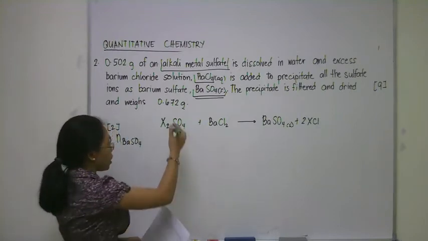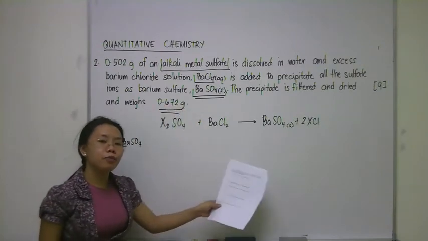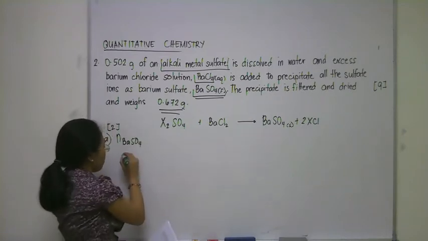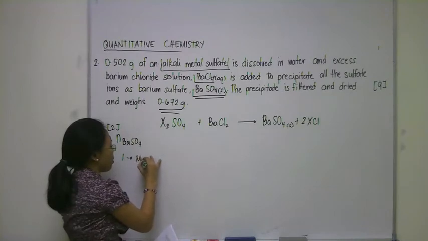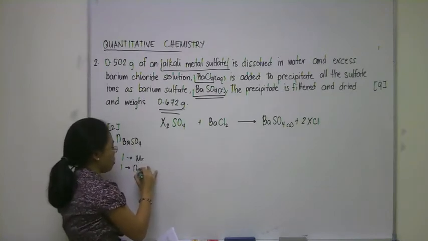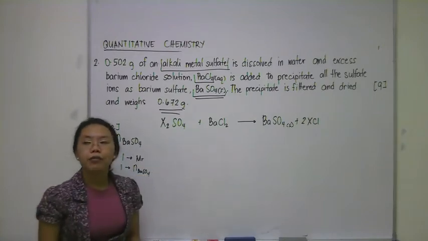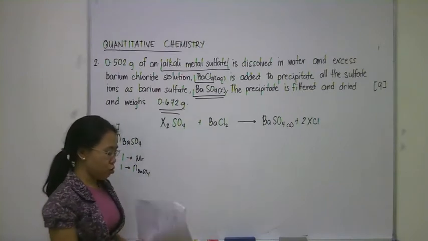Basically, we can use the mass of barium sulfate formed in the reaction. Now, 2 marks: 1 mark for calculating the MR, and 1 mark for solving the moles of barium sulfate. What formula are we going to use?